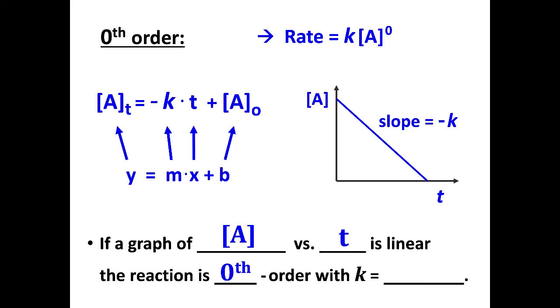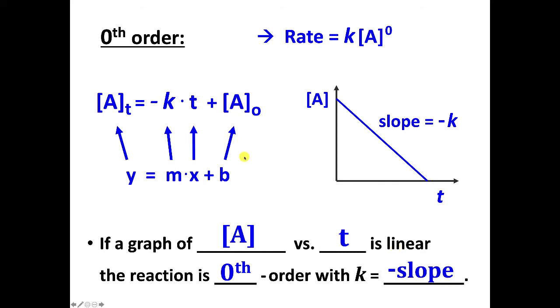Sorry, I should back up just a second. If we know that it's 0th order, then we know this is what's going to happen. If we don't know what the order is, we can graph A versus t, and if we do get a straight line, then that tells us the reaction is 0th order with k equal to the negative slope.